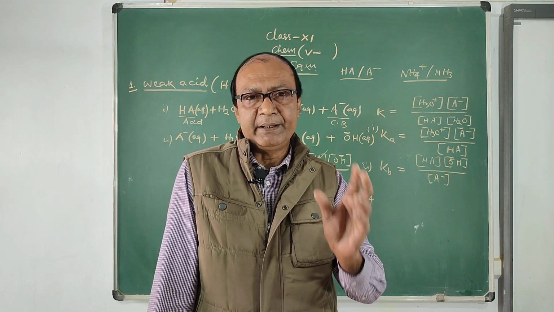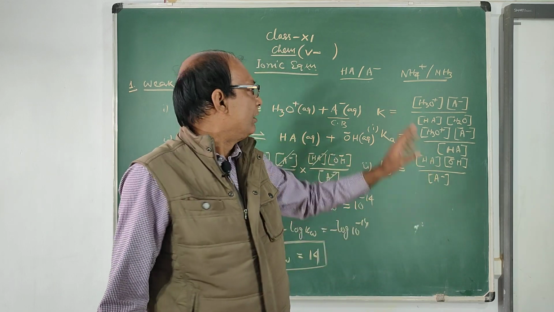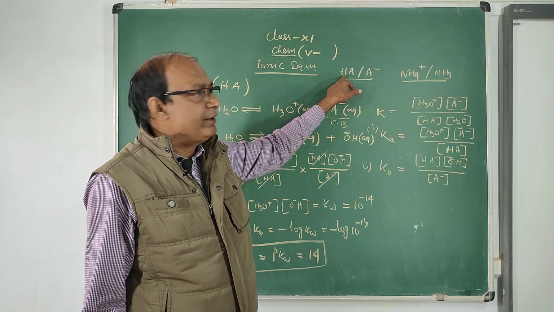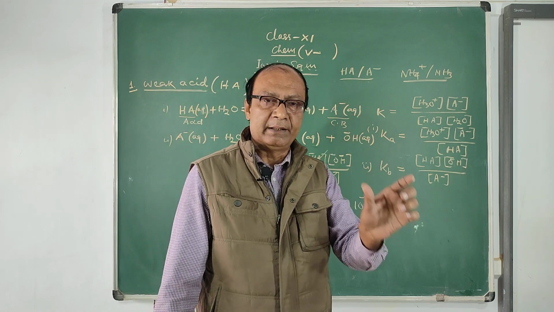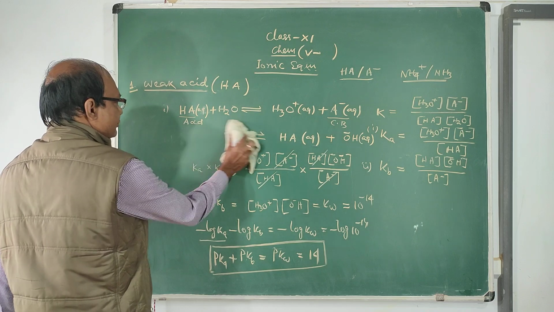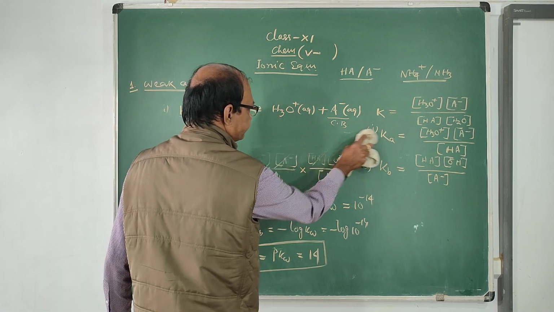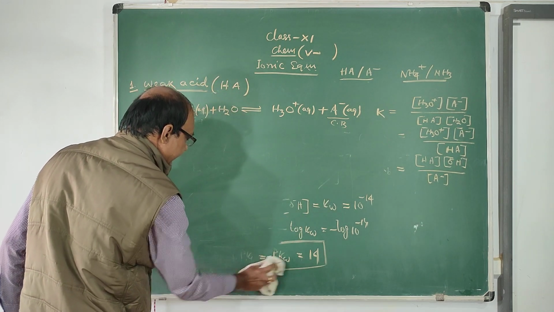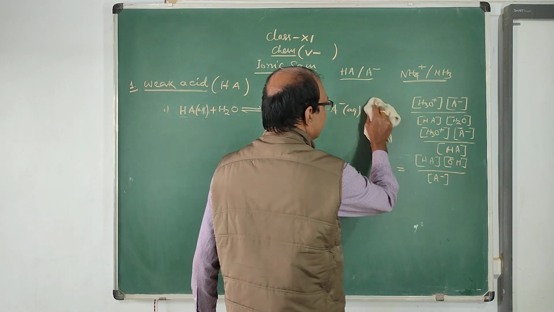What is the relation? pKa plus pKb equals 14. If pKa for HA is given as 4, you will write the pKb of A minus is 10, because 10 plus 4 equals 14. Now come to the second case, acid dissociation constant and how to find pH. We are writing the expression of Ka for this one directly.